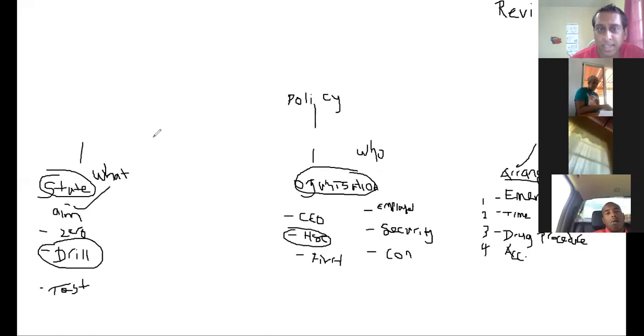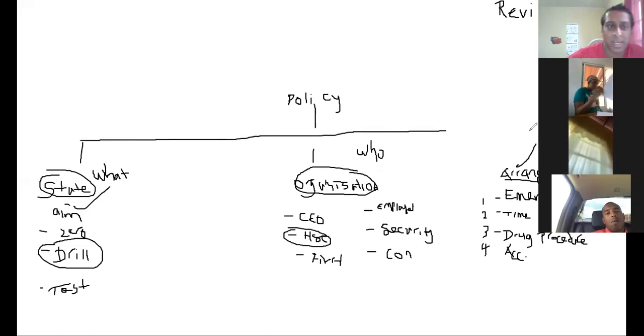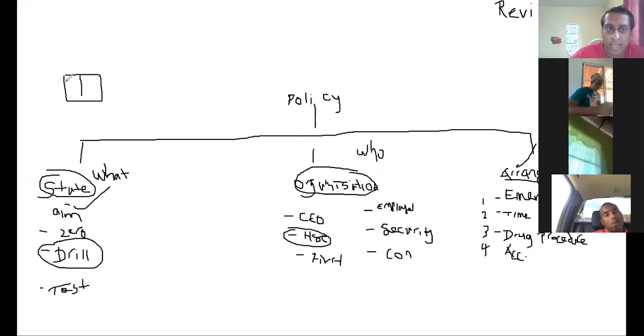So we draw the table so it'll be easy for you to understand that the policy consists of 3 pieces anyway. But in the form of a book, if you open it and turn the pages, they'll have different sections. One section is called the statement of intent. Next section, the organization, etc. As you turn the page, you come across the arrangement section.